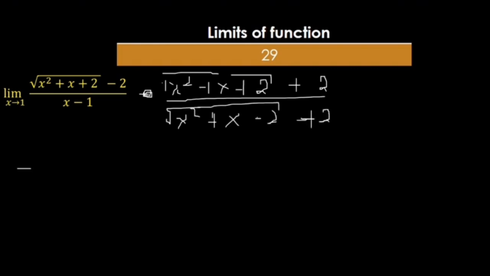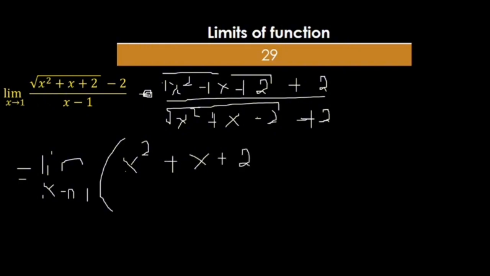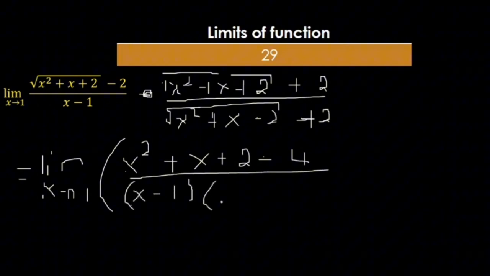We are going to have that equal to what? This and this will cancel. Limit as x tends to 1 of x squared plus x plus 2 minus 4 over x minus 1 into square root of x squared plus x plus 2 plus 2.